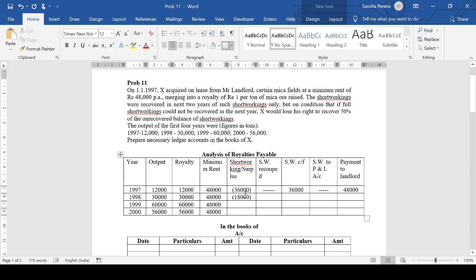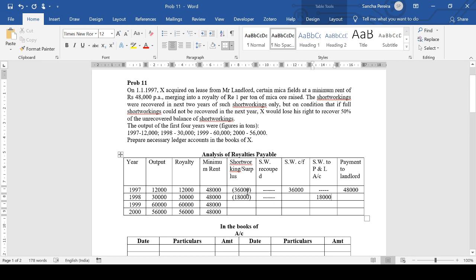So he forgoes the right to recover 50% of this. Since it cannot be recovered, 50% of 36,000, half of 36,000, 18,000, we transfer to the P&L account.